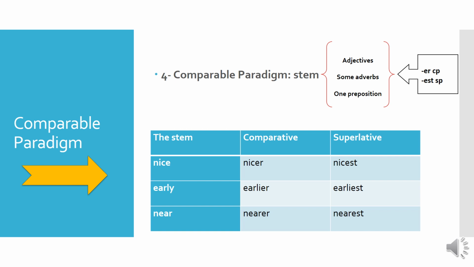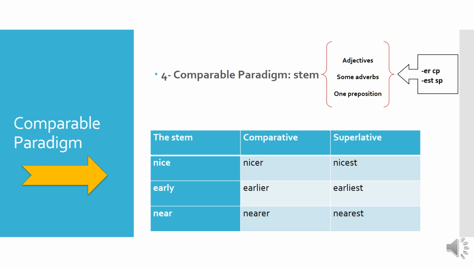Nice is an adjective. The stem is nice. The comparative form is nicer with the er comparative. The superlative form is nicest with the est superlative, so the comparable paradigm of nice is nice, nicer, nicest.